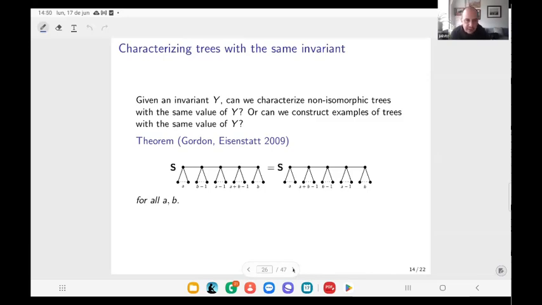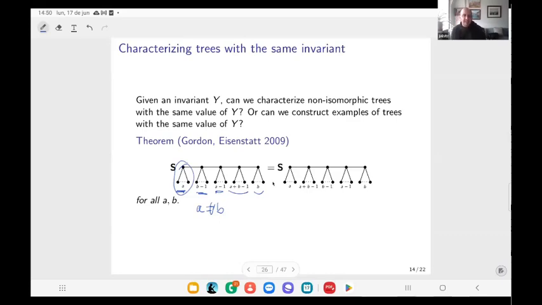So for instance, Gordon and Eisenstadt in 2009 proved that these caterpillars, these graphs here, where this means that I have A leaves like this, here I have B minus 1 leaves, A minus 1, and A plus B minus 1, B leaves. You can see that if A is different from B, then these two graphs are not isomorphic, but they have the same subtree polynomial.